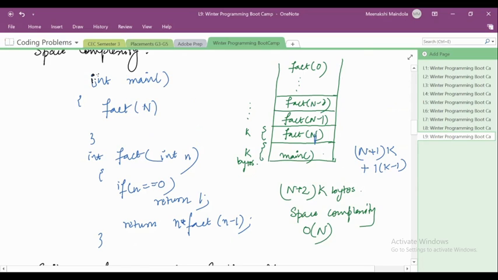So in that case also you are going to have the space complexity of order of n, because anyway we are going to remove the constants. Even if this expression results to something, we are going to remove all the constants and it is going to come out to be order of n only. Okay, so that was the answer to your question.